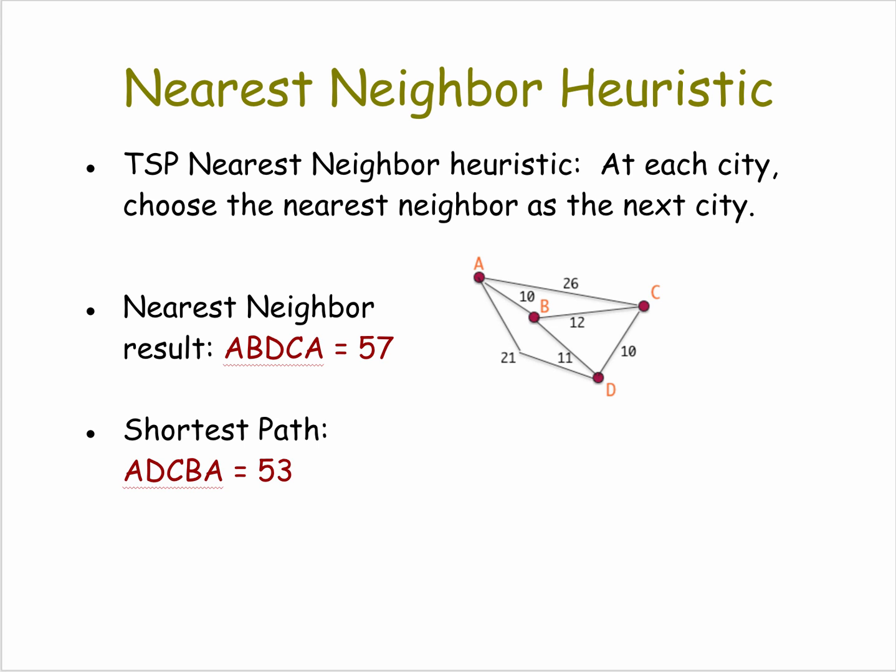That's pretty good, but it's not optimal, because if you look at all possible paths through those 4 cities, starting at A, then you can come up with a shorter path. So in this case, the nearest neighbor heuristic failed to find the optimal solution, but it gave us a pretty good solution. And that's the idea with heuristic algorithms. We want a practical solution to a problem when an optimal solution is too expensive to calculate.